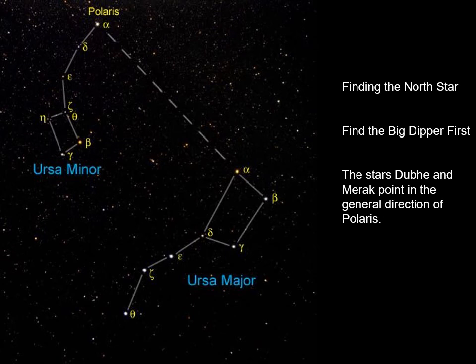So as the sky moves, these stars all rotate around the North Star, and so you can use this to find it, except when the Big Dipper's below the horizon, because that happens if you're this far south. Now, if you're up in the northern part of the country, New England or places like that, then the Big Dipper is always up.